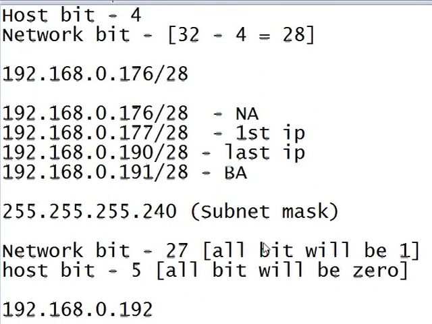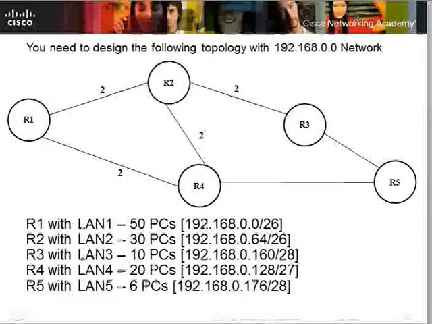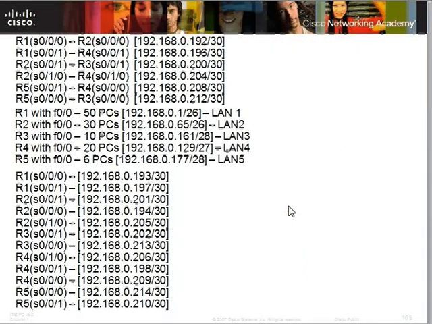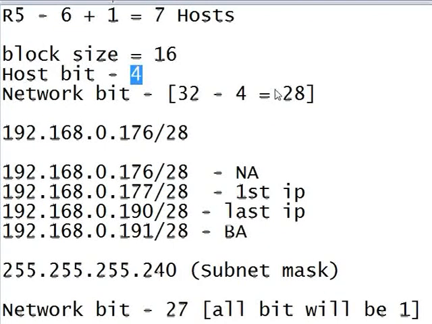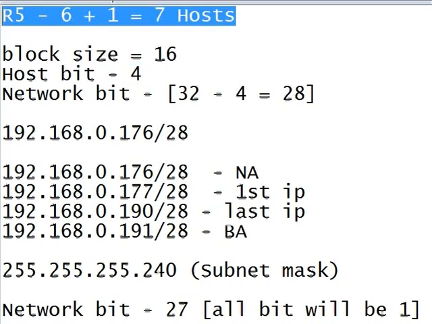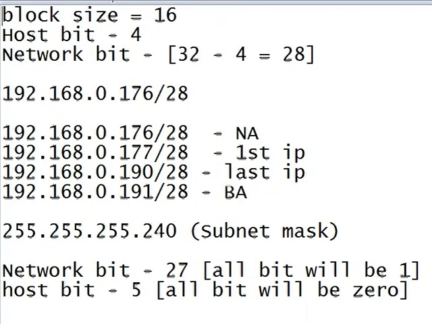Next we have 1, 2, 3, 4, 5, 6 different networks. These 6 different networks will all be of size 4. Since there is connectivity between routers of 2 IPs, I will be requiring a block size of 4.